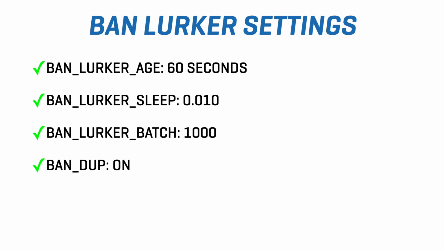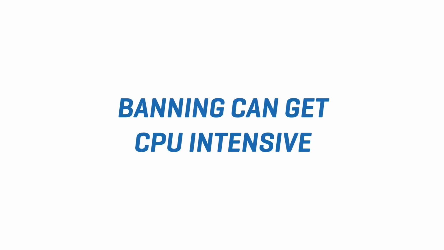Having 1000 bans on the list is quite big, and given the right circumstances, banning can become very CPU intensive. And those circumstances are reflected by the number of objects and the number of ban expressions on your ban list. The number of operations that needs to take place at any given time is the number of objects times the number of ban expressions, and that can get quite a lot. And at some point this becomes a performance concern.